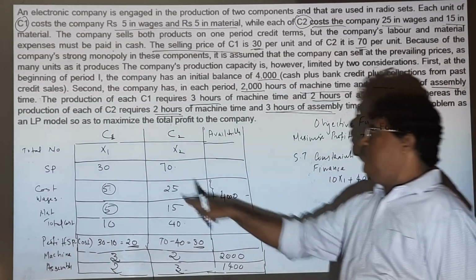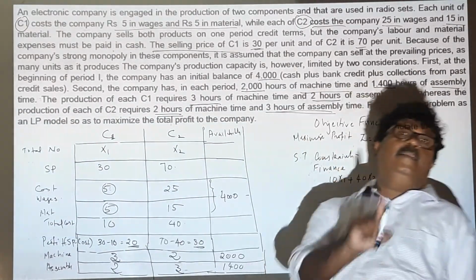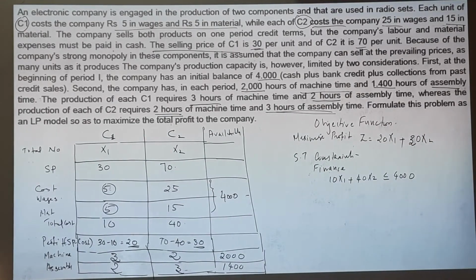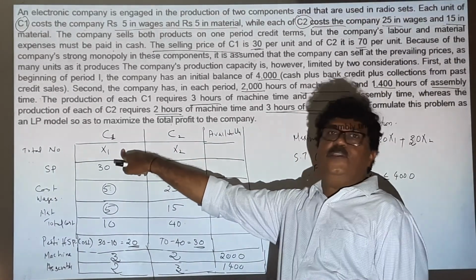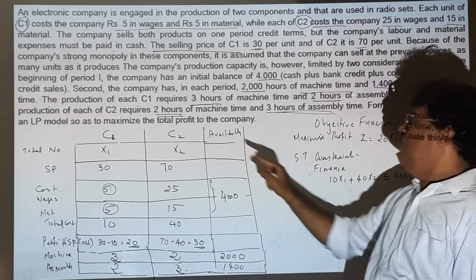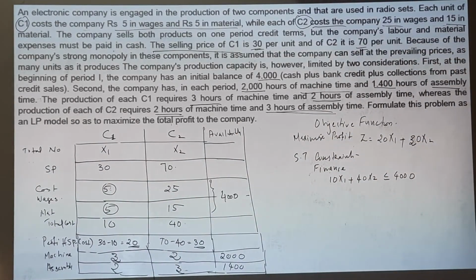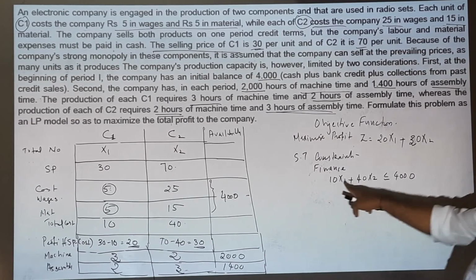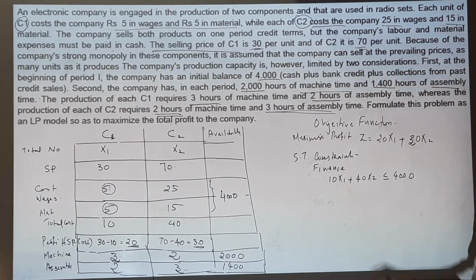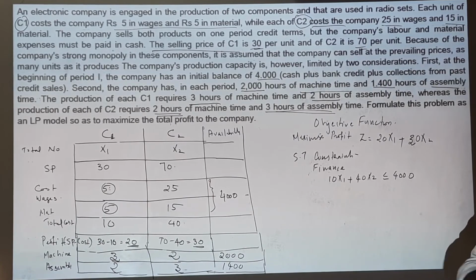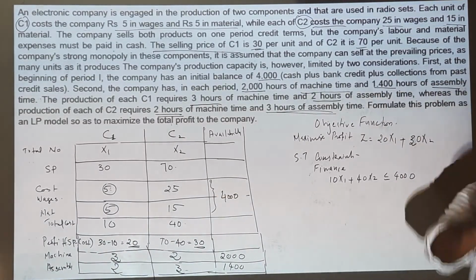Because 1 unit of C1 requires 10 rupees. So the total number of C1 is x1. 1 unit requires 10 rupees. So 10 into x1 is the total cost required to manufacture x1 units of C1.